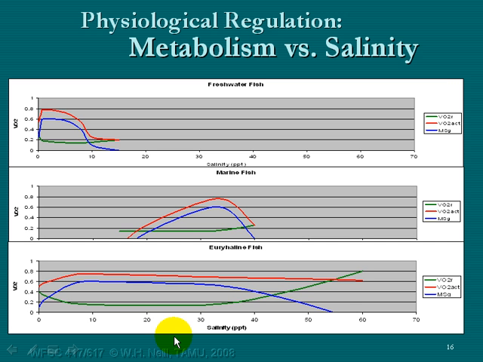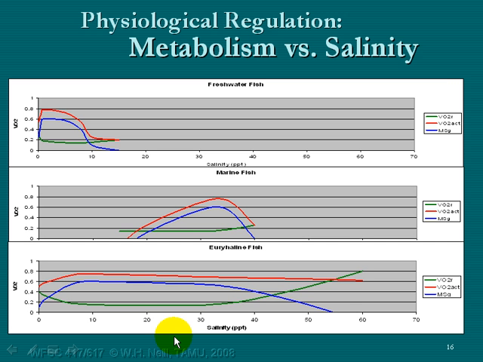Here is my attempt to show and account for the optimum salinities for the different groups in terms of metabolic rates. I've got active and standard rates shown in red and green, respectively.